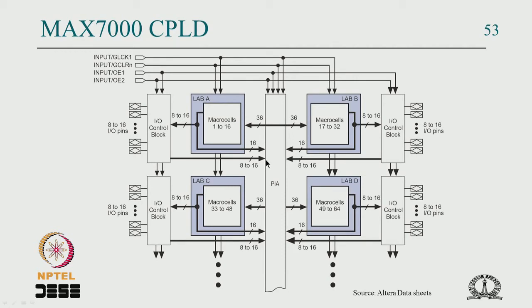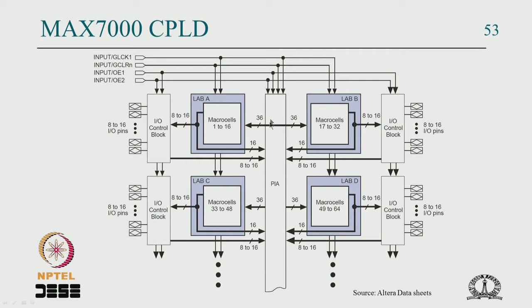Now, to make the description simple, just assume there are only 2 sections. This is a device with just 2 blocks, 2 labs. Then we have 16 plus 16 is 32, plus 32 is 64 inputs to this switch, and 72 outputs, 36 plus 36 is 72 outputs from the switch.